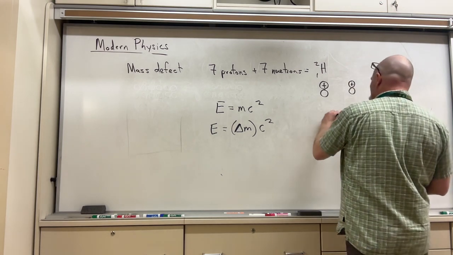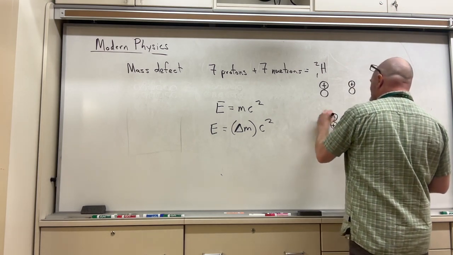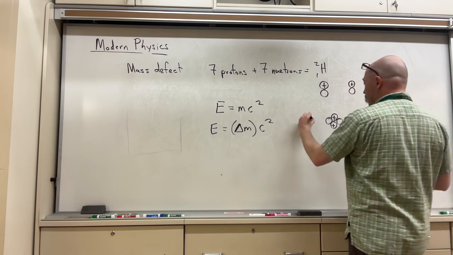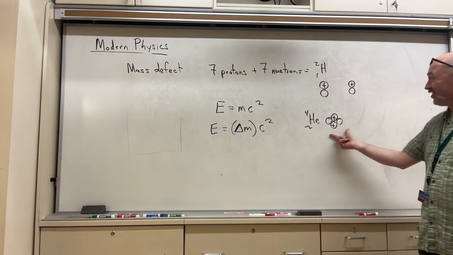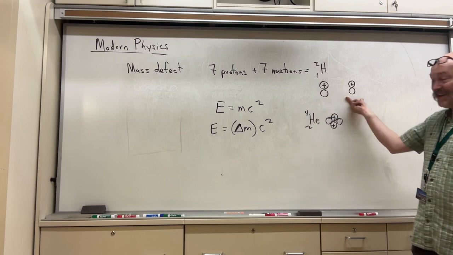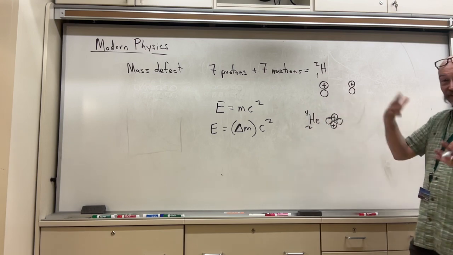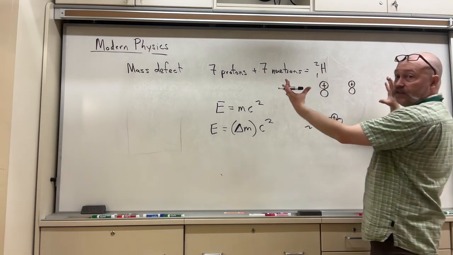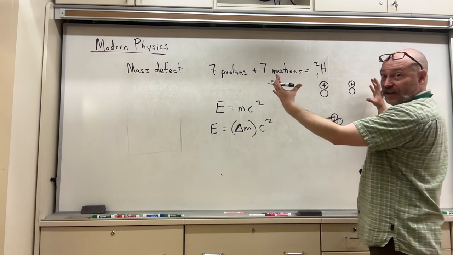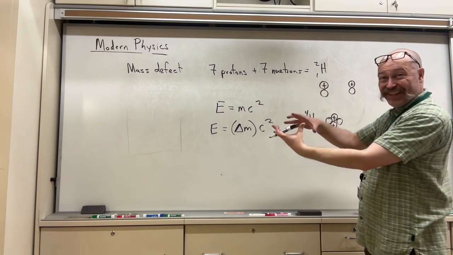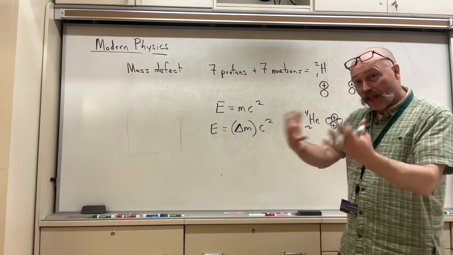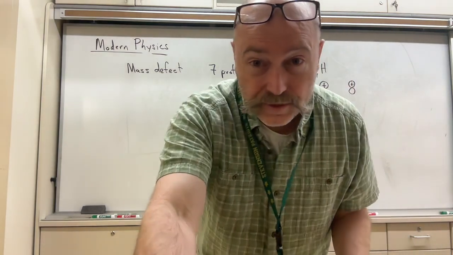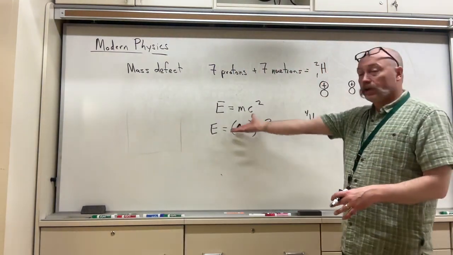Well, if you look at the mass of helium, which is this, you're actually going to get a smaller number than this. So what happened? In a star, gravity is so strong that it causes these things to combine and fuse together. That extra energy then gets released as light, as hf and stuff like that, according to this equation.